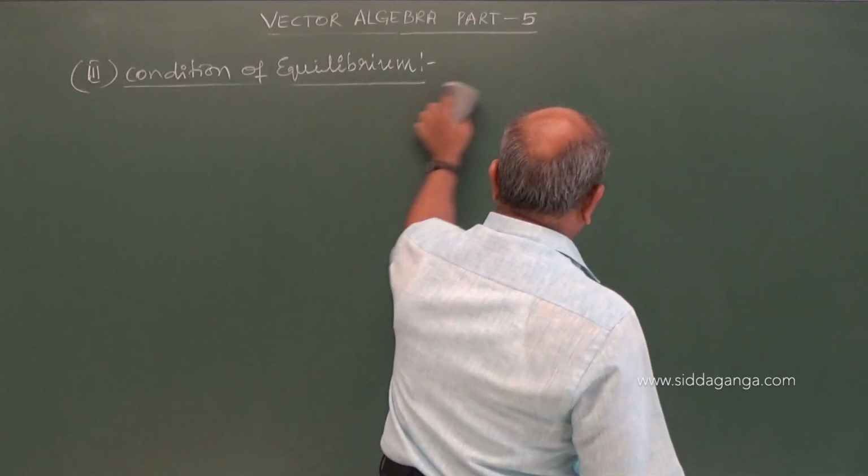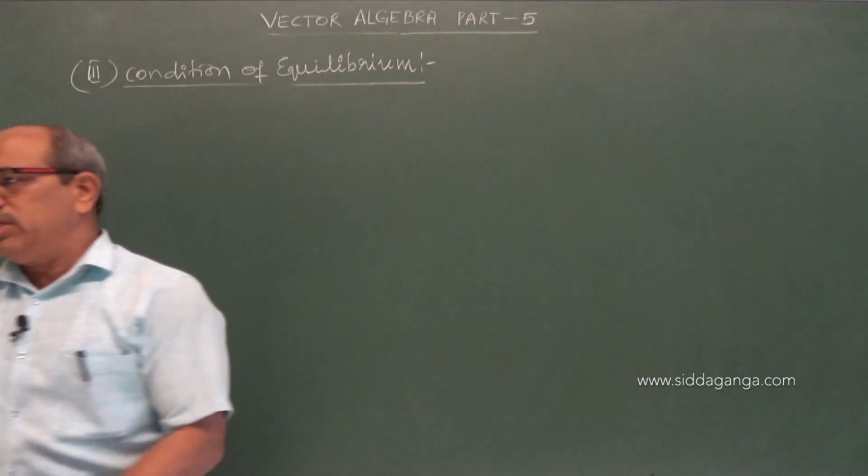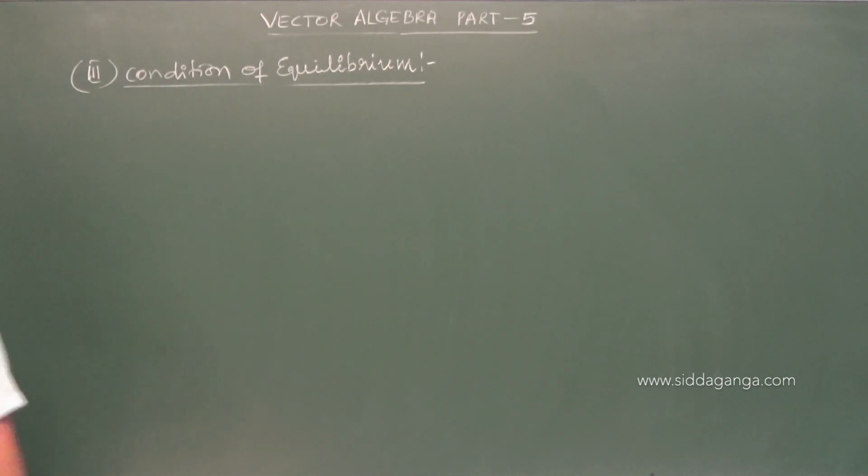When the total effect of the vectors on a body becomes 0, the body will remain at the position where it is.